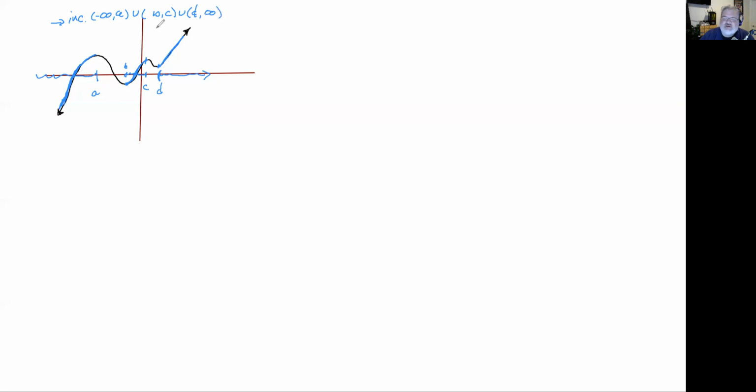We're decreasing almost everywhere we're not increasing. So we'd be decreasing on that part of the graph and that part of the graph. These x values are causing our function to decrease. So we're decreasing on the interval from A to B and on the interval from C to D.